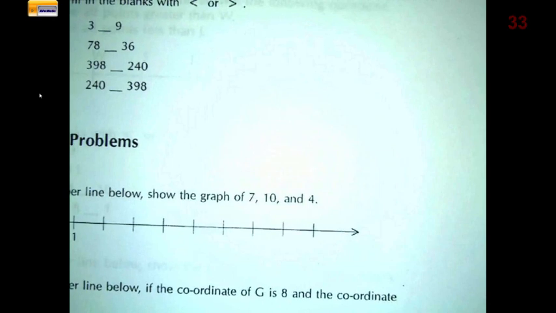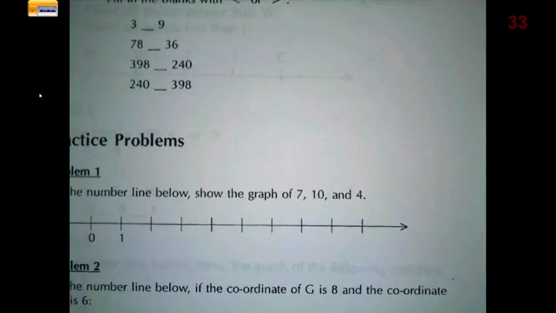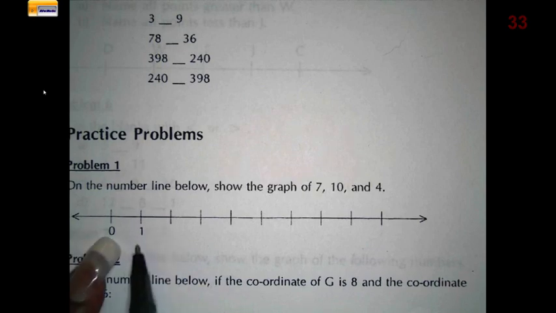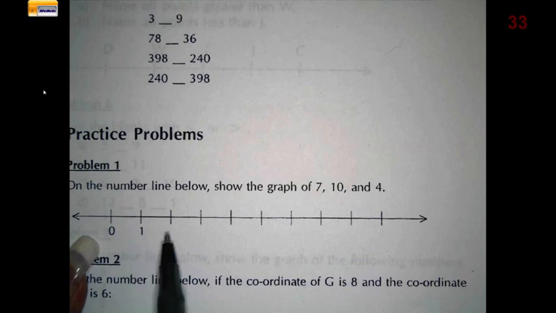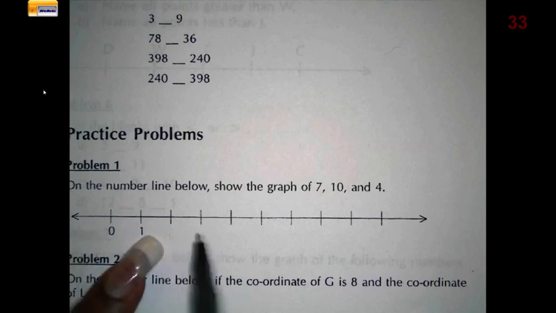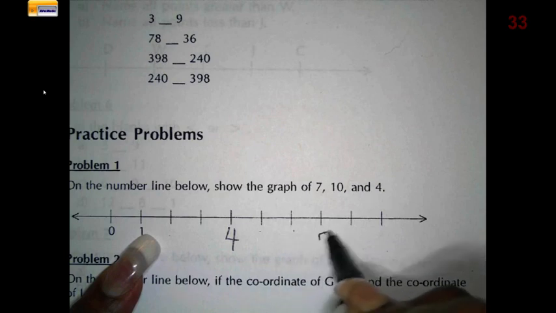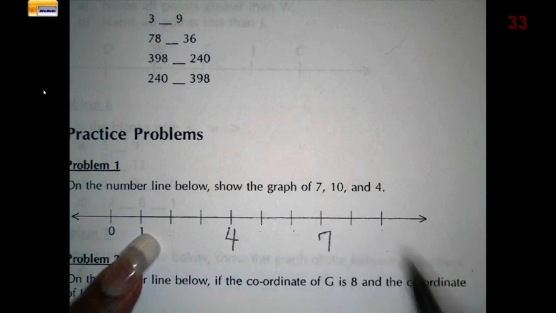Let me see if I can get this to focus. So they want us to write the coordinates of 4, 7, and 10, starting with the number line that they already started here. They got 0, 1, so I'm going to count 2, 3, 4, 5, 6, 7, 8, 9, wait, what do I have to do there?